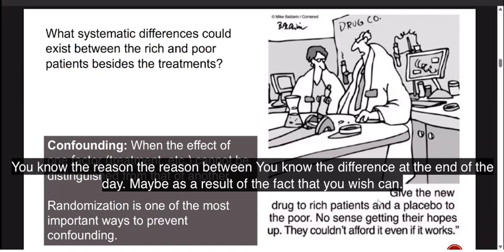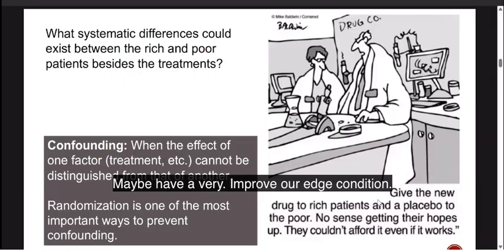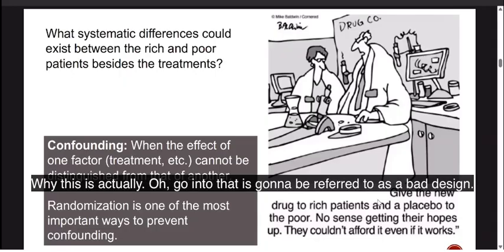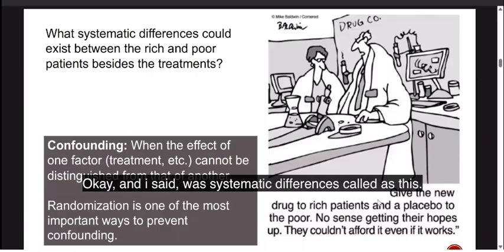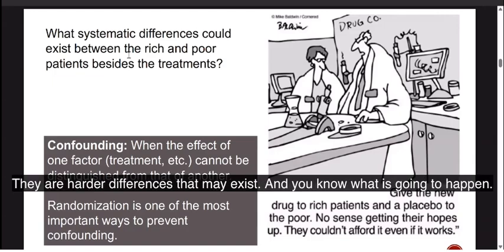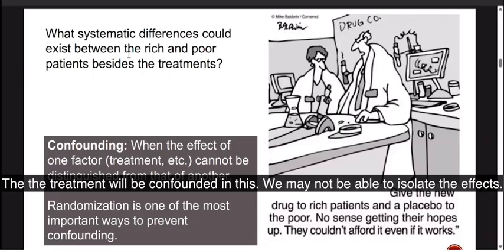The difference at the end of the day may be a result of the fact that the rich may have a much better health condition. There's that possibility, and that is why this is referred to as a bad design. What systematic differences could exist between rich and poor patients besides treatment? There are other differences that may exist, and the treatment will be confounded in this.